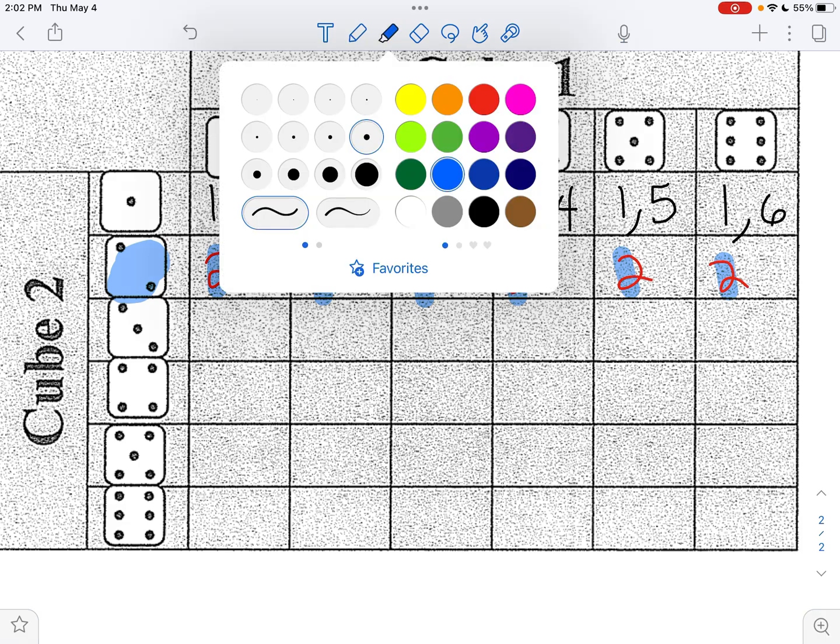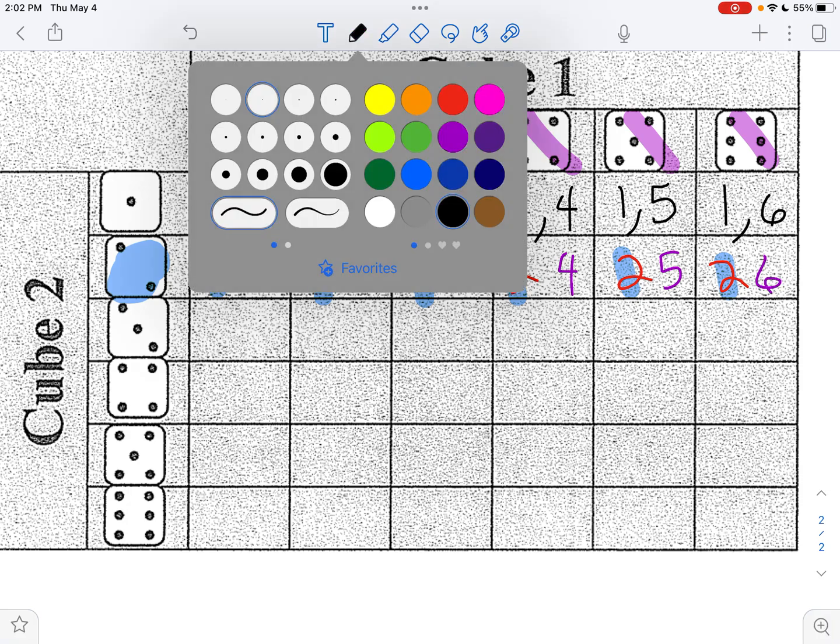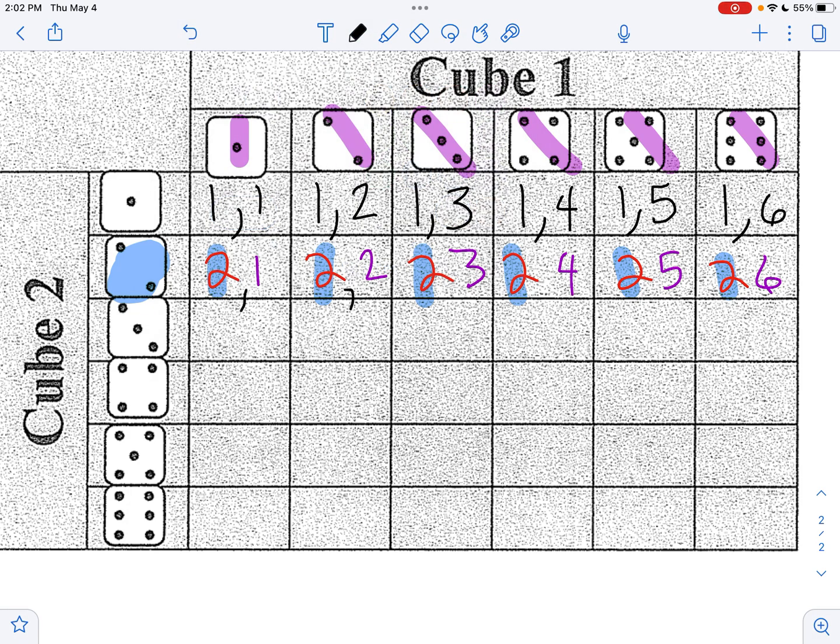And then with the other dice, we got a 1, and then we got a 2, and then we got a 3, and then we got a 4, and then we got a 5, and then we rolled a 6. I'll put a comma in between here so you can see it again. Right. So again, that's not 21, 22, 23, 24, 25, and 26, right? That's first a 2, then a 1.